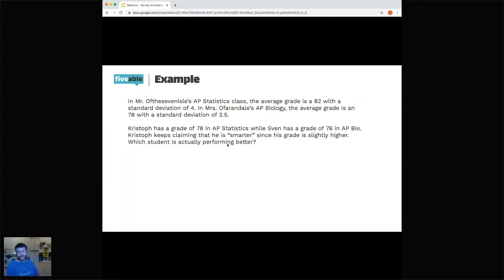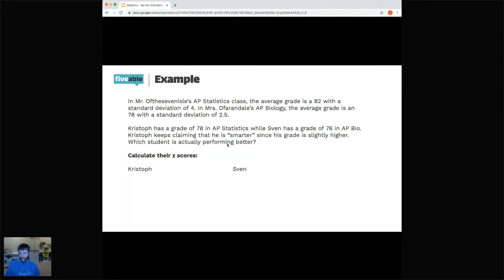How would we go about figuring that out? What do y'all think? You can feel free to post in the chat. Calculate each z-score. That's right. So if you have some paper and pencil or even just a calculator handy, take a minute and do that. So we are going to calculate their z-scores for Christoph and Sven.